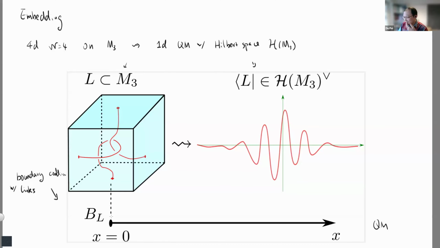But because this is a boundary condition, the state that one gets is usually not normalizable. So it's better to regard these as elements of the dual of the Hilbert space. So for any such link, one can get a state. And then one can consider the collection of all such links and define the span of that.